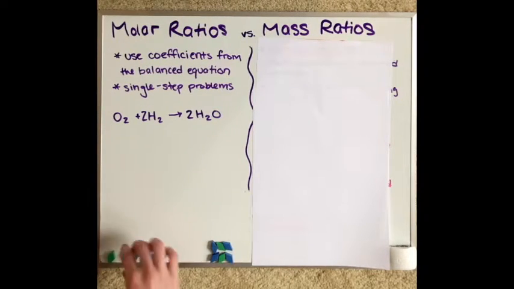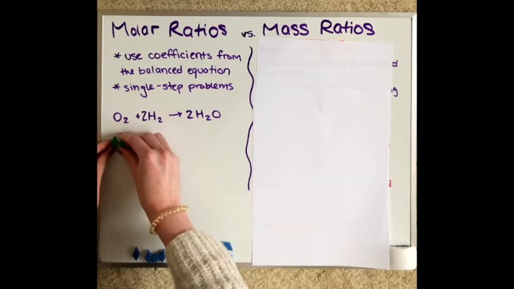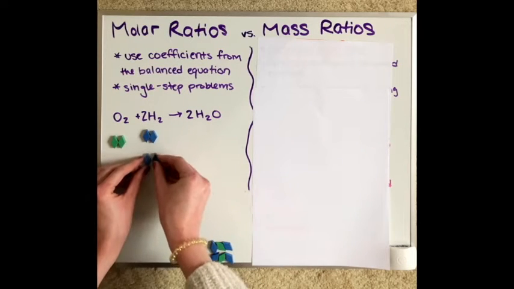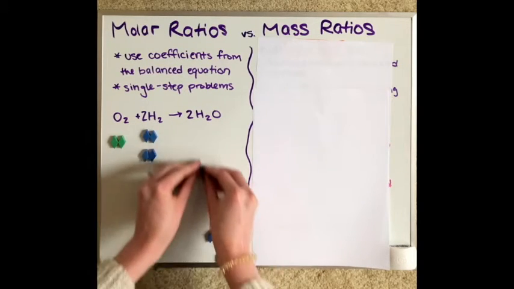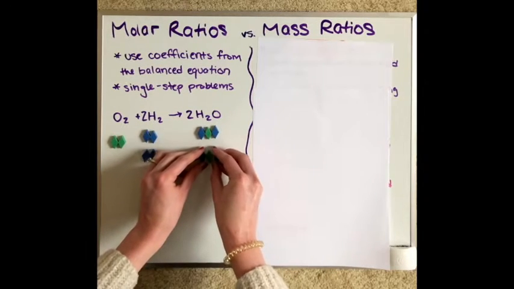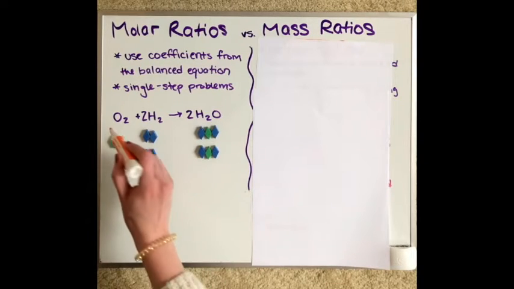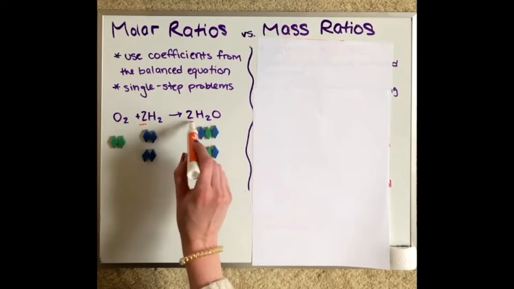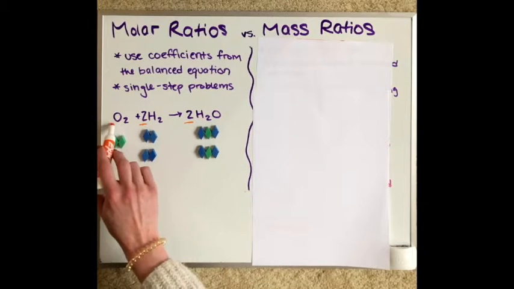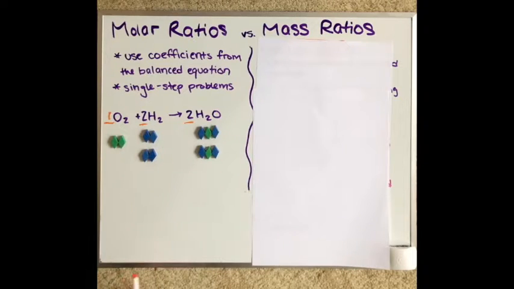And so if you were to draw that out, it would look something like this. The coefficients are actually telling you how many molecules or particles you have of each thing. And remember, if there's nothing written, you assume it to be 1.